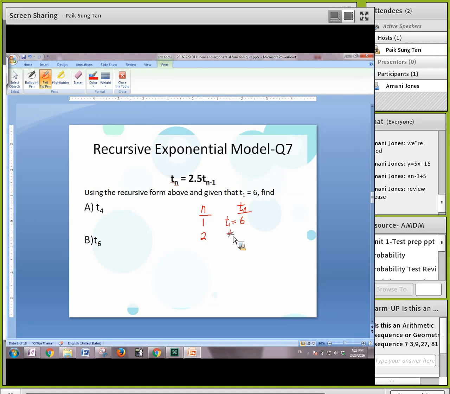is 6. Okay, so when n is 2, the formula says for T2, I'm going to multiply 2.5 to my T of 2 minus 1, right? Because the n is 2, 2 minus 1 is 1. So 2.5 times T1, meaning 2.5 times the number from before.